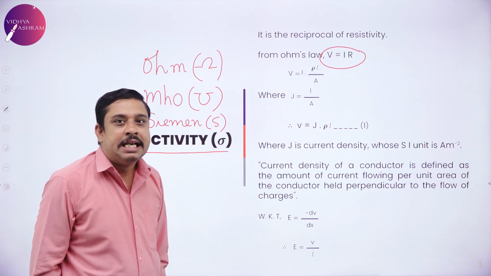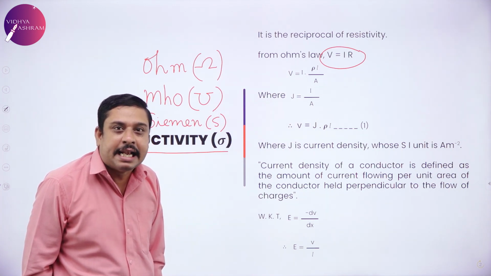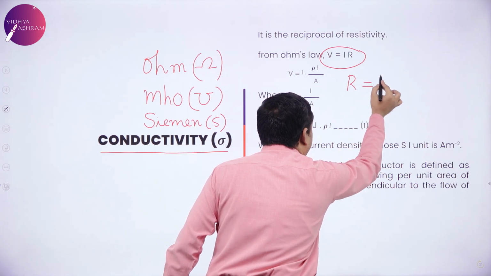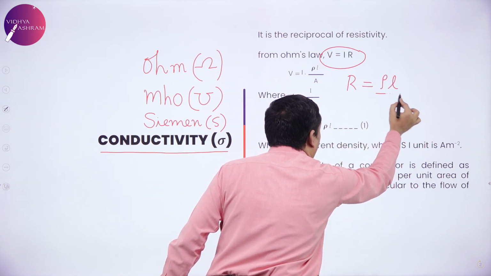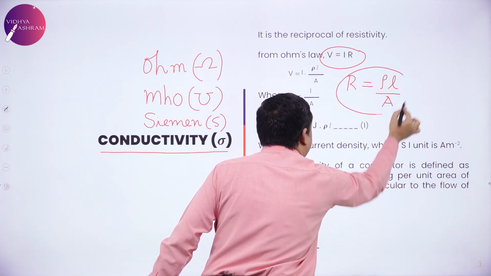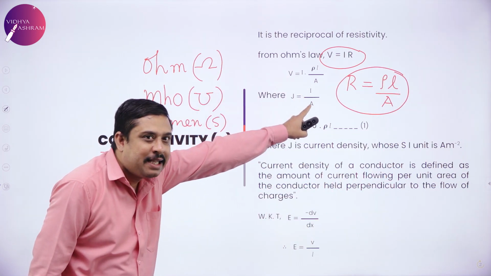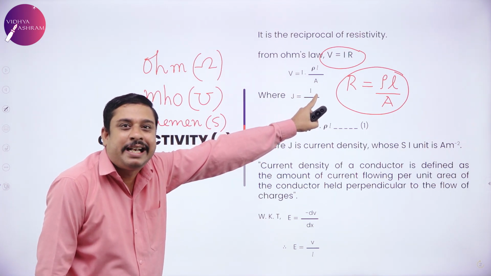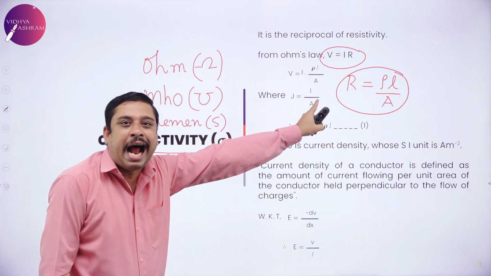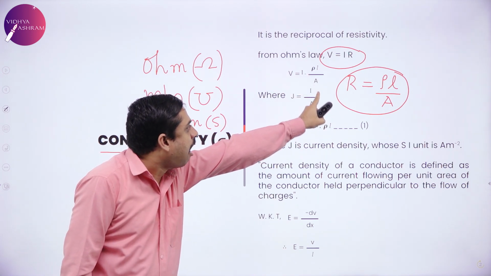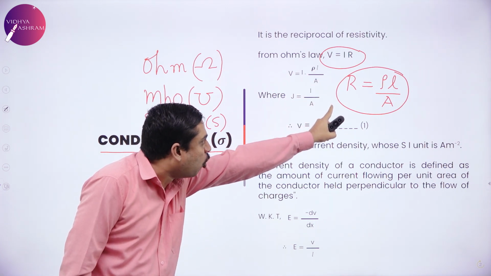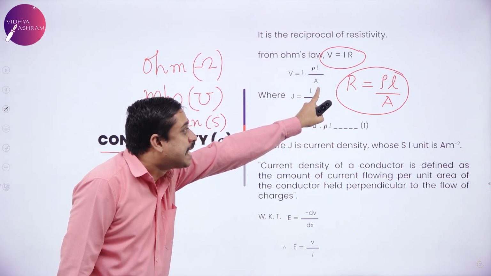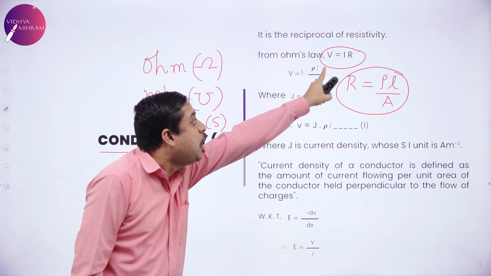Relating resistance and resistivity, we wrote R equals rho L divided by A. Didn't you write this? Yes, in my previous session, I related resistance and resistivity as R equals rho L divided by A. Which symbol denotes resistivity? Rho.